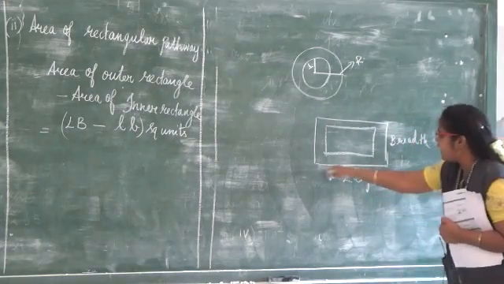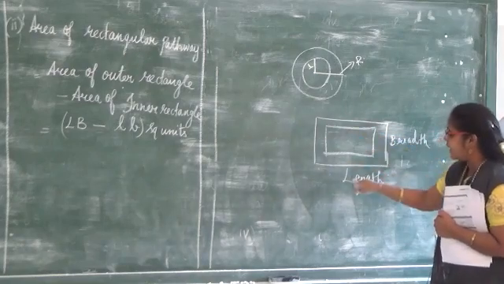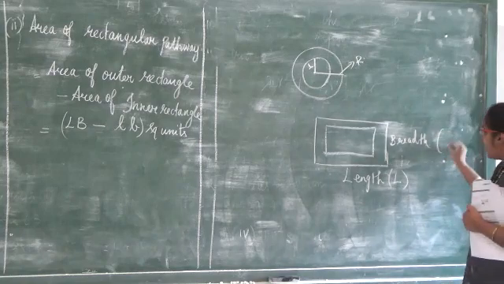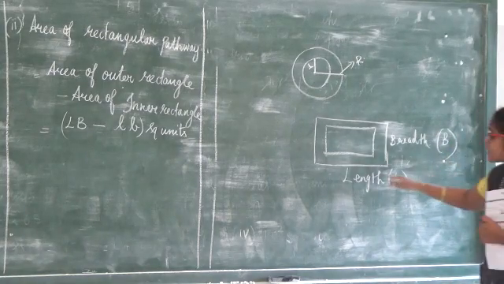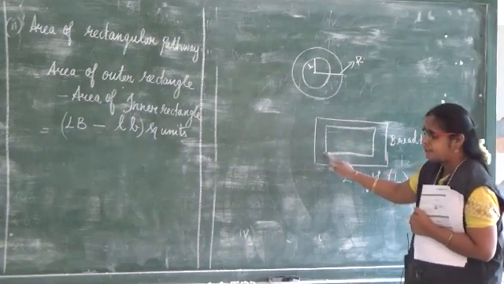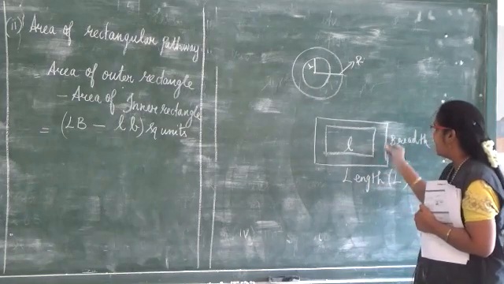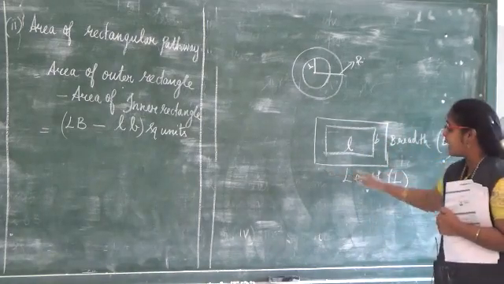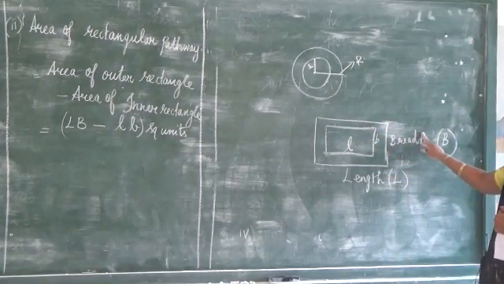This is the outer part of the rectangle, so we will mention this as capital L and the breadth as capital B. The same way for the inner rectangle, we will mention this as small l and this as small b. We know that area of the rectangle is L into B.